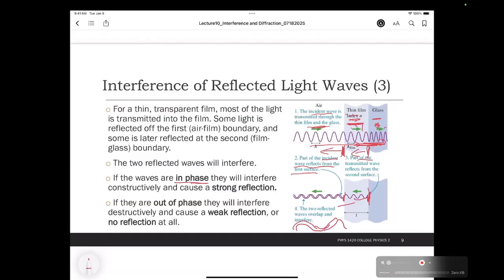If they are out of phase, they will interfere destructively and cause a weak reflection or no reflection at all. Does it make sense to you?